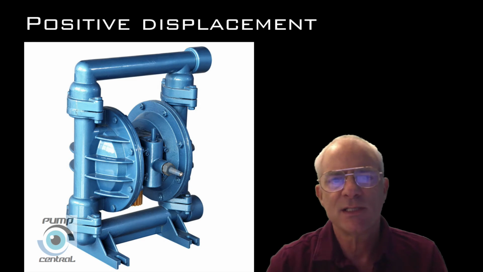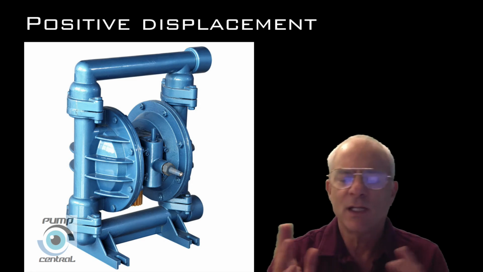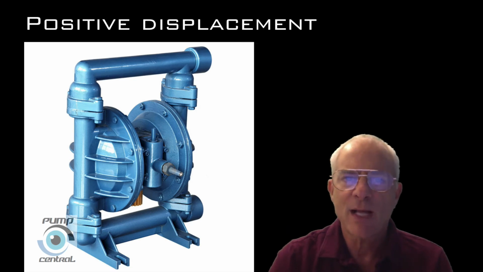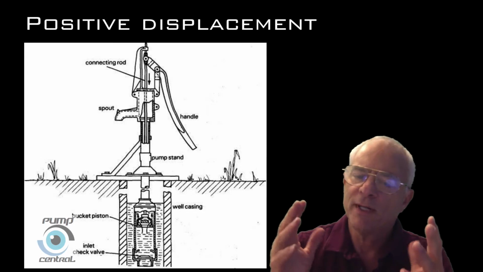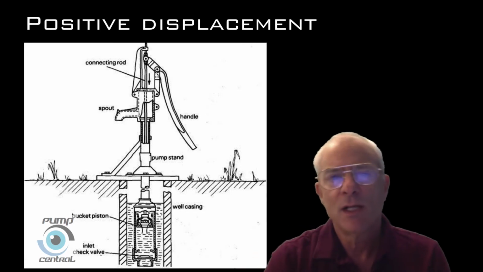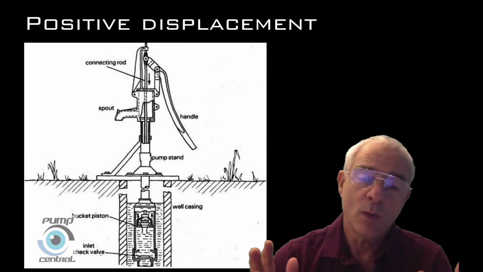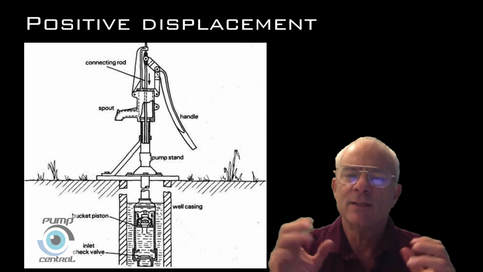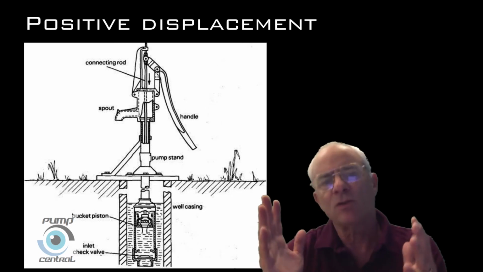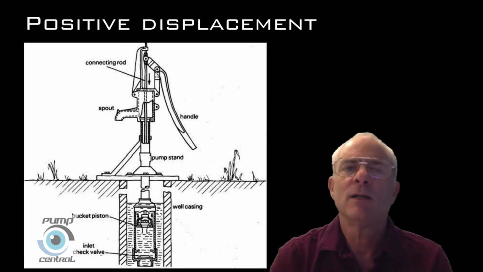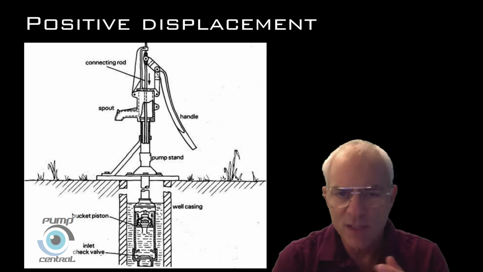That's positive displacement. And they have different physical characteristics that you'll learn about later, that are more appropriate in certain applications than others. But for our purposes here, what we want to note is the difference between centrifugal movement of water and positive force of positive displacement.